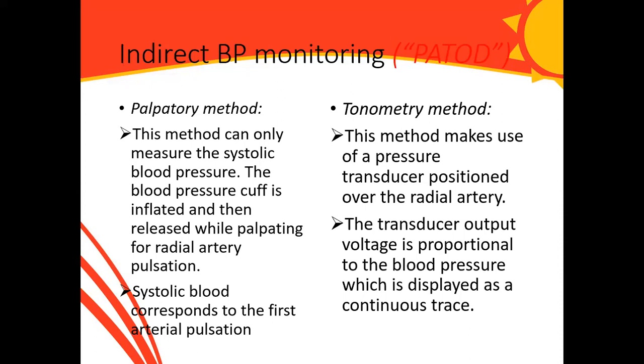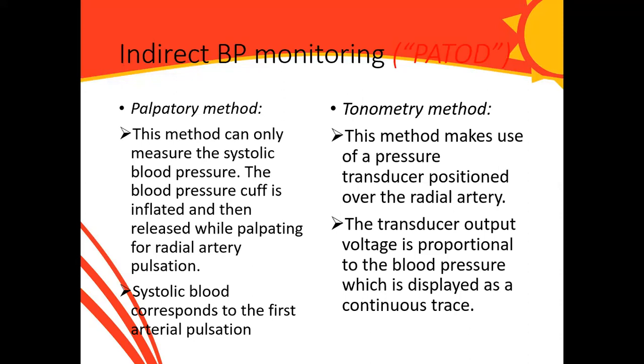And this corresponds to the first arterial pulsation that you feel after inflating a blood pressure cuff, while placing your hand or your finger on the radial artery. So the first pulsation that you will feel while palpating the radial artery after you have inflated the blood pressure cuff above systolic, that is the systolic blood pressure.